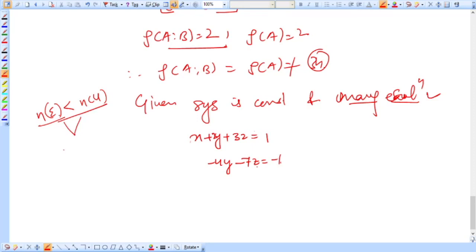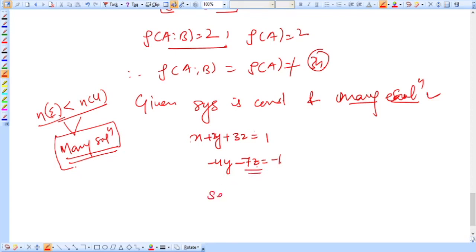The same is true here because the third row was a multiple of the first row. So in short we can say that in the real sense there were only two equations present here, and therefore the number of equations is less than the number of unknowns.